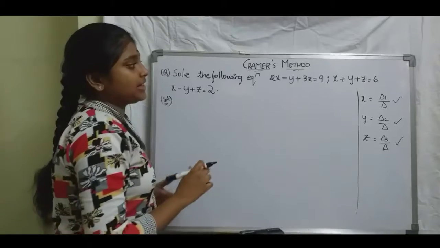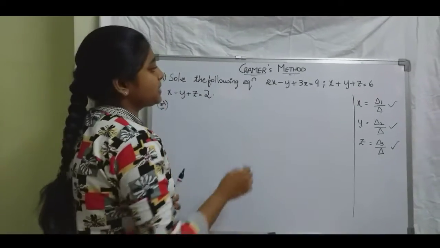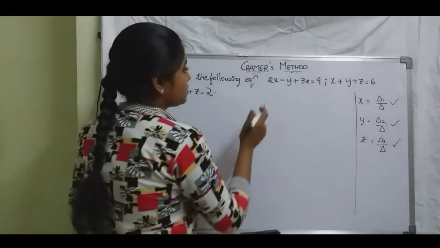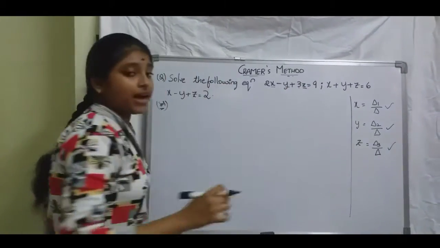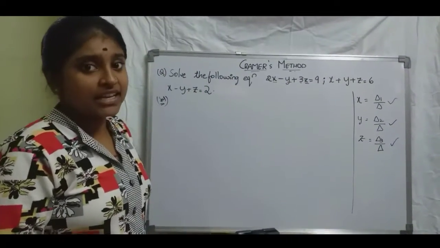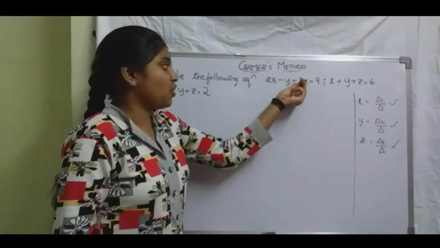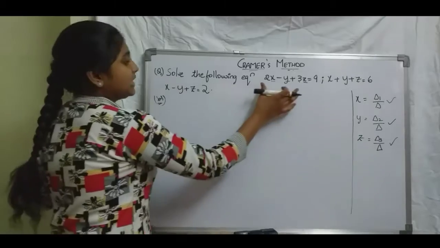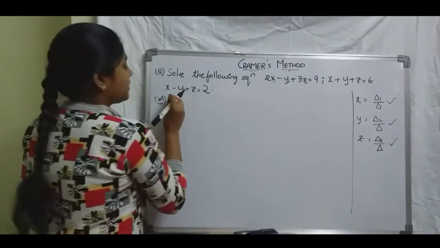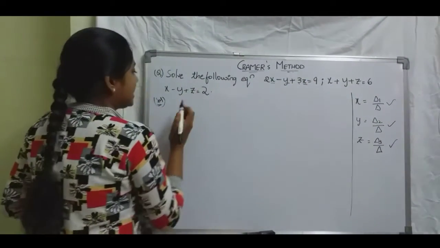So we will take the coefficients of x, y and z. We will consider the coefficients of the linear equations as A.